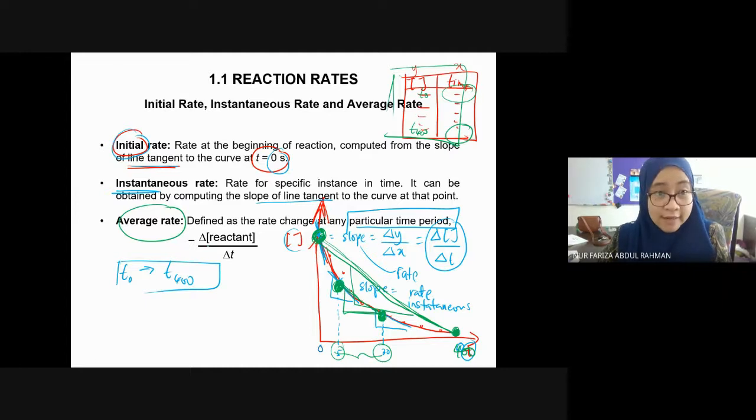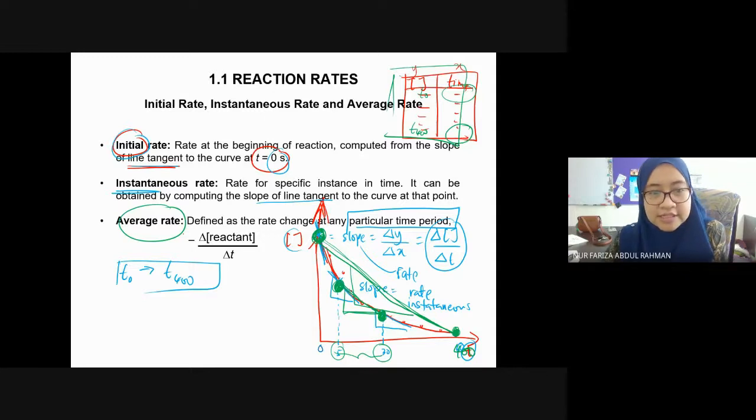The numerical value of rate. Numerical means number, value. Contohnya 4.4 darab 10. Tu value, numerical value. The numerical value of rate will always be positive.